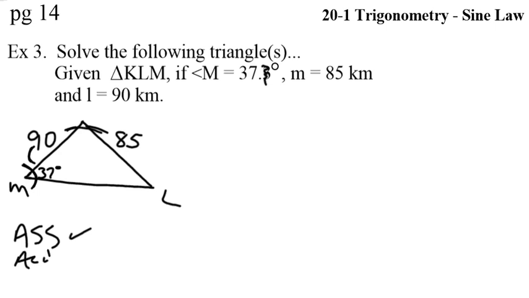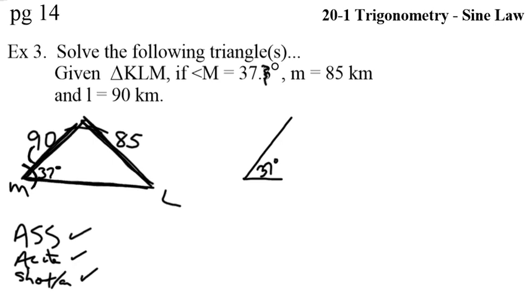Do we have an acute angle? We do. Is the short side across from the angle? It is. So we definitely have ambiguous case. What does that mean? 37 stays the same. I can't move these two sides, so I have to move this 85, but I can't move it down.